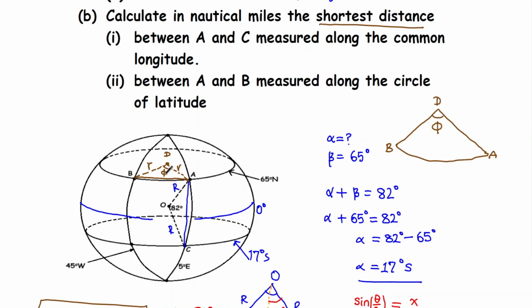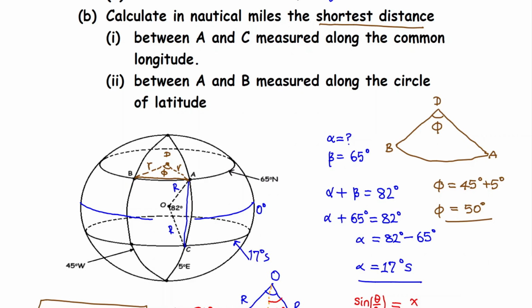For us to get phi, the angle difference, we have to look at these given longitudes, 45 degrees west and 5 degrees east. So they're in different hemispheres, then we can add them together. So phi is given by 45 degrees plus 5 degrees, and this sums to 50 degrees. So that is the angle difference here.